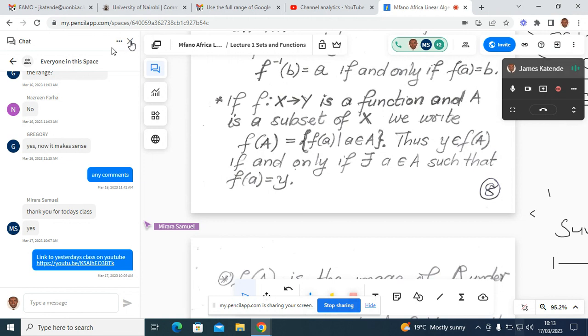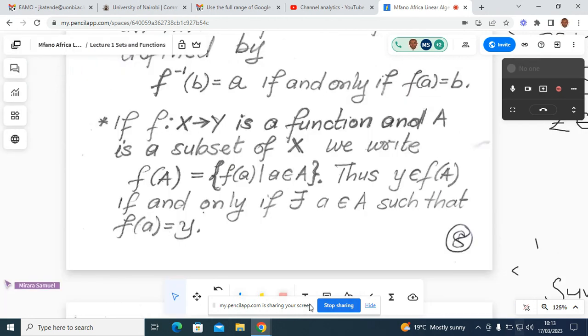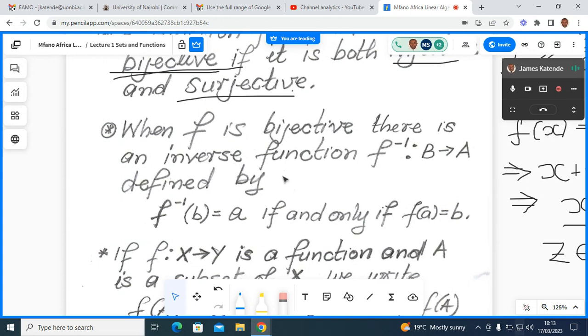Okay. No one is writing in the chat, so I don't know if that means you can hear me or not. Okay. Thank you, Samuel. So I hope you can see my screen properly, or what I'm sharing on the screen.